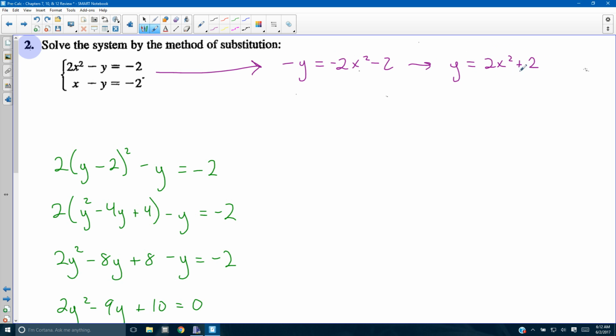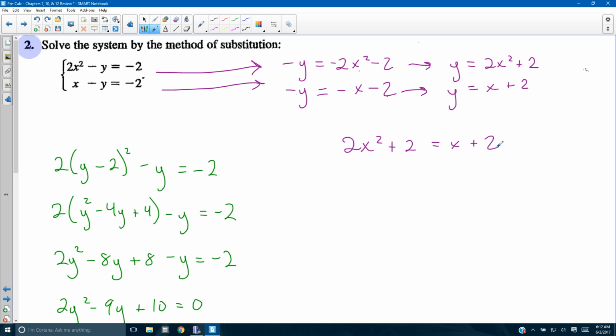From here, I can either choose to substitute this into y here, or I can choose to isolate y as well by subtracting x over and then multiplying by -1, like that. And in the substitution realm, in the equal values method, this can take the place of y over here. So now I can just straight up say that 2x squared plus 2 equals x plus 2. Boom. So now I have options for how I can solve this.